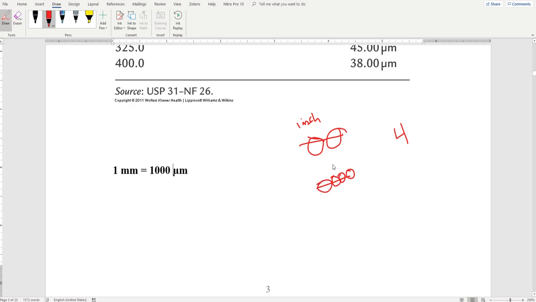So if you compare the number of openings here with the number of openings here, you see here two openings, and here you have 4 openings, and both of them are in 1 inch. So the more openings you have, the smaller is the square. Of course, I drew them as circles, but in the mesh they are actually squares.